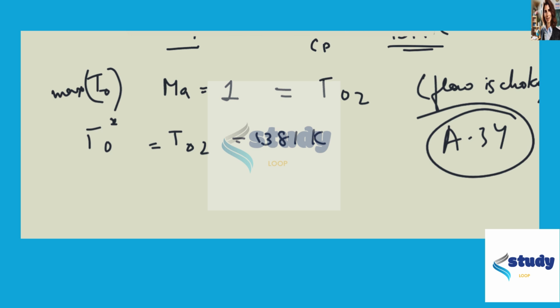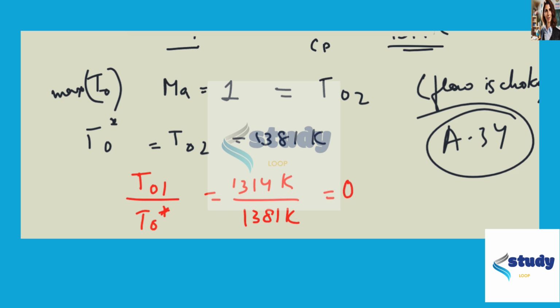So T01 upon T0 maximum, that is 1314 Kelvin upon 1381 Kelvin, equals 0.9516. So for this we have the Mach number to be approximately 0.778. Okay, so this is the approximate Mach number that we have for this condition.